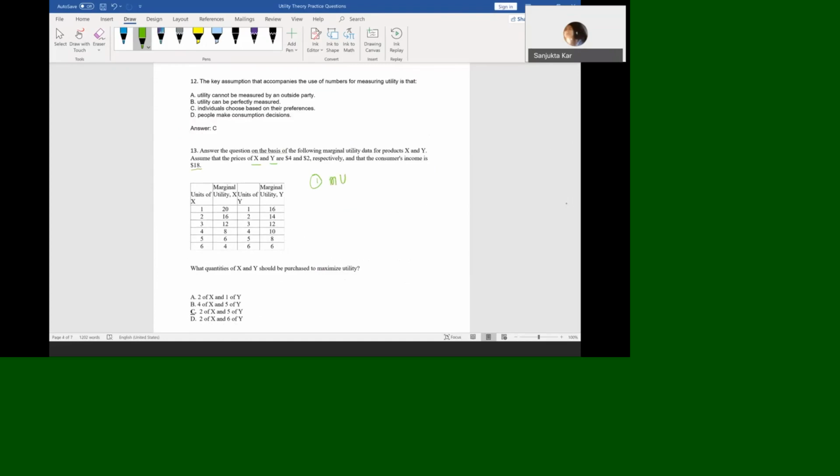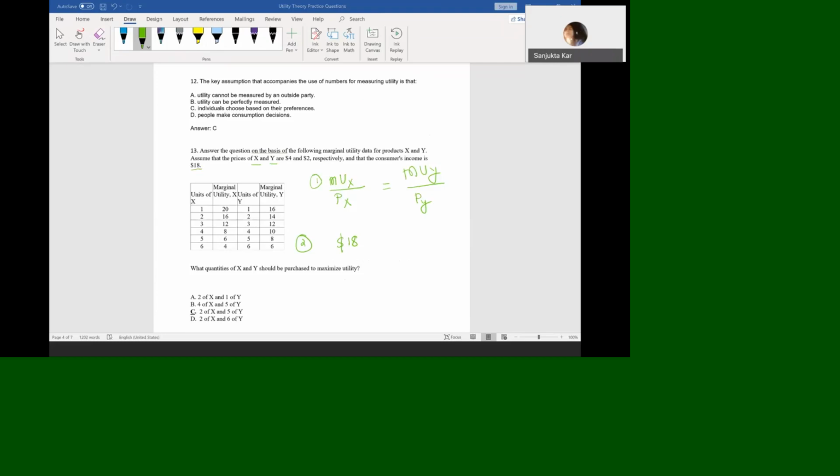Number one, marginal utility of X over price of X is equal to marginal utility of Y over price of Y. Number two is the consumer needs to spend all his income, which is equal to $18, like spend all $18.